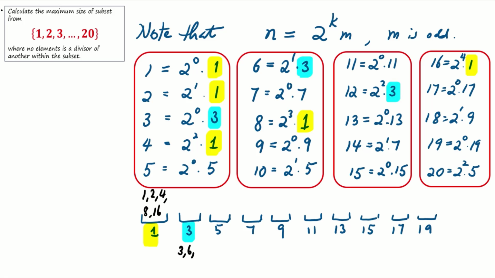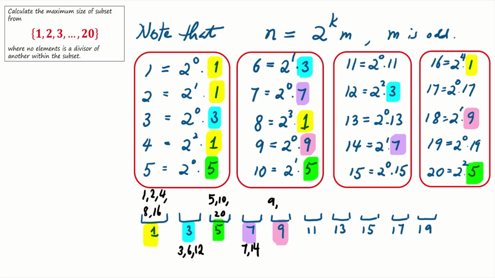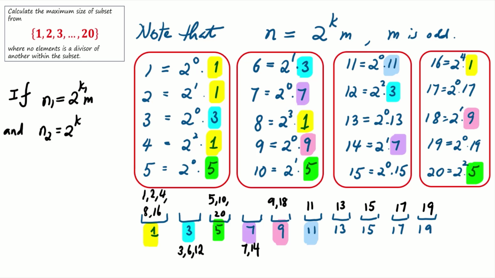Following this process for other m values, we find that within each group, one element is always a divisor of another. Given our condition, we can select at most one element from each group. With 10 groups in total, our subset can have at most 10 elements.